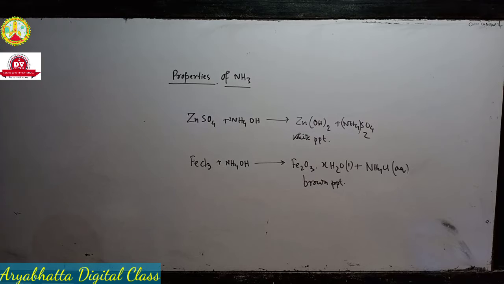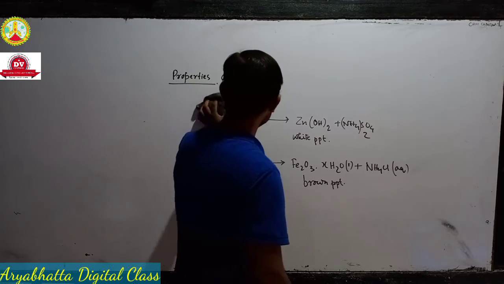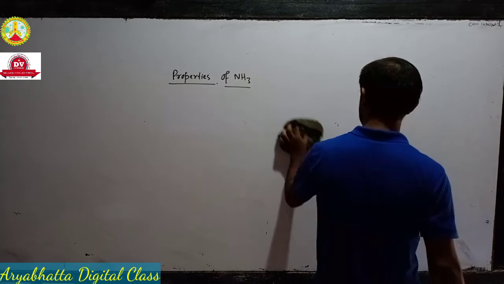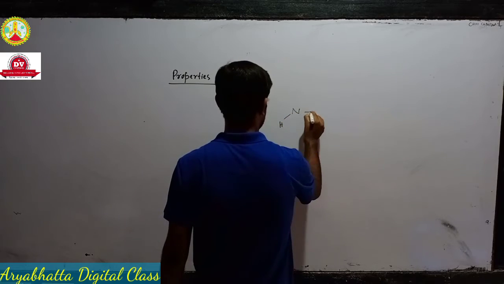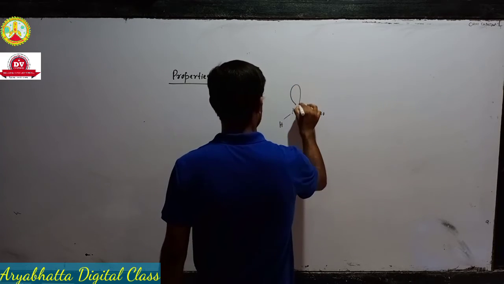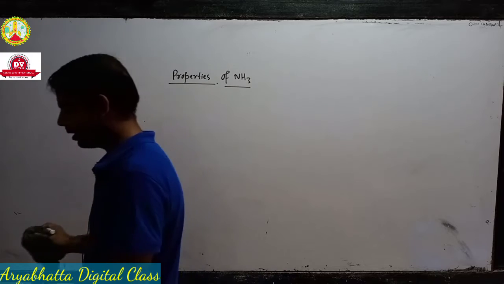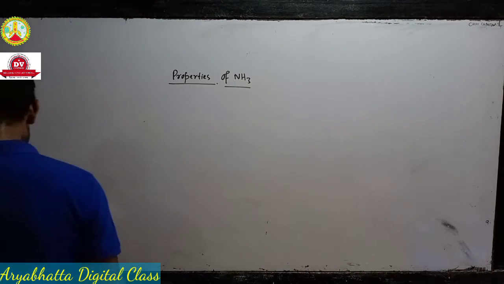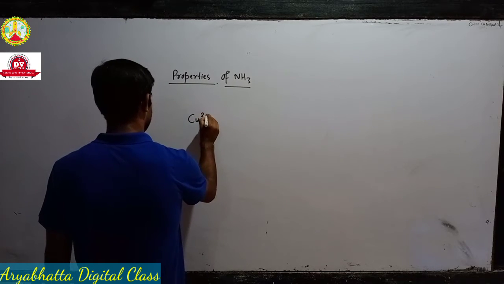Now, we know that there is a lone pair on ammonia. I have told you about the structure of ammonia earlier, so you basically have an idea about how ammonia looks. Basically this has a lone pair. So because of the presence of the lone pair, ammonia acts as a Lewis base, and ammonia forms complexes with different d-block elements like copper.